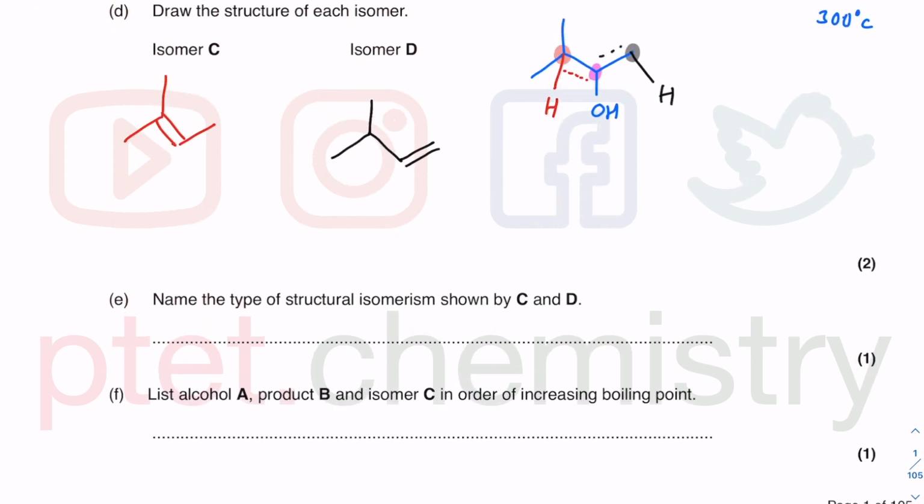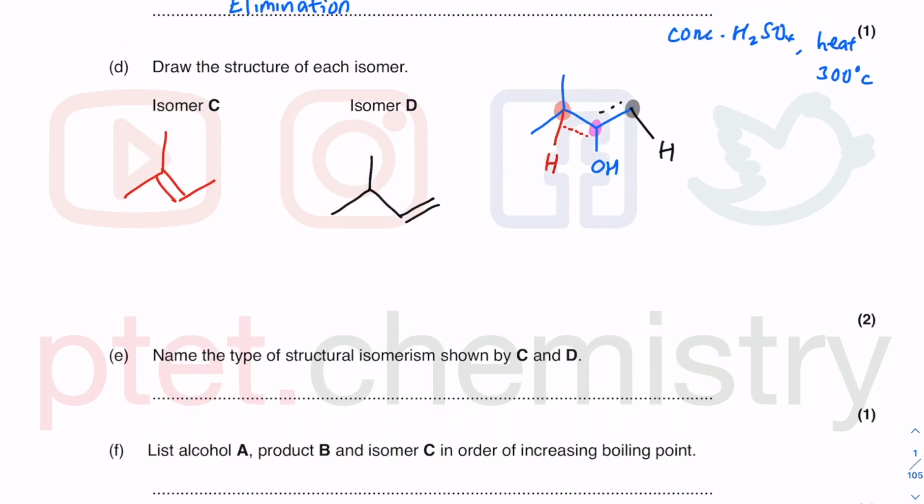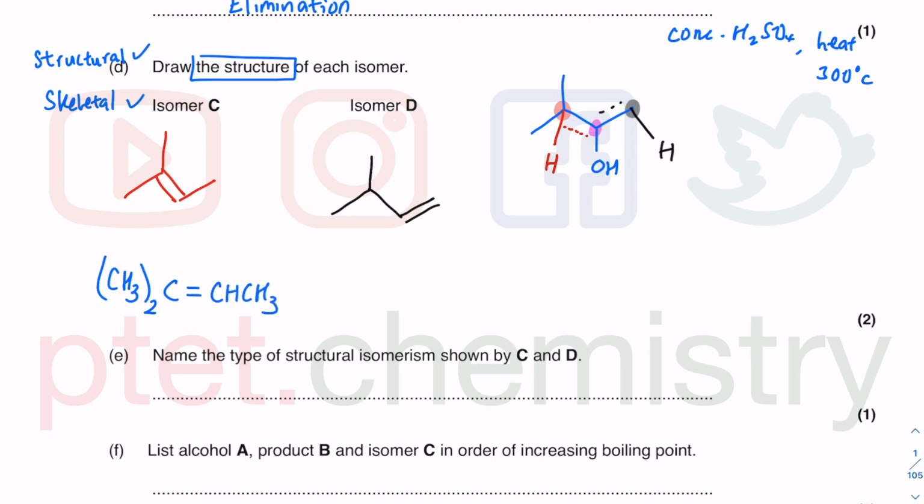You could have them the other way around, doesn't matter, but essentially you must draw the structure, which again they did not specify structural or skeletal or displayed, so you could draw any of them. I've just chosen to draw skeletal. If I convert this to structural, it will be CH3 twice and then C double bond CH3. Because this is CH3 twice, there is a carbon with no hydrogens, since carbon forms 4 covalent bonds, and there is a CH3 there.